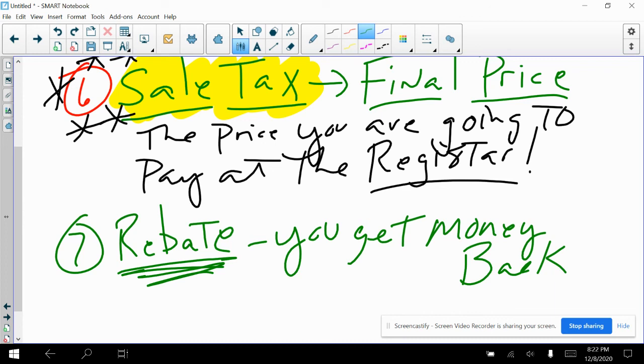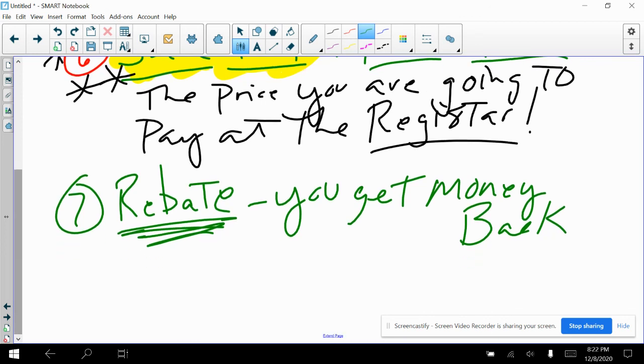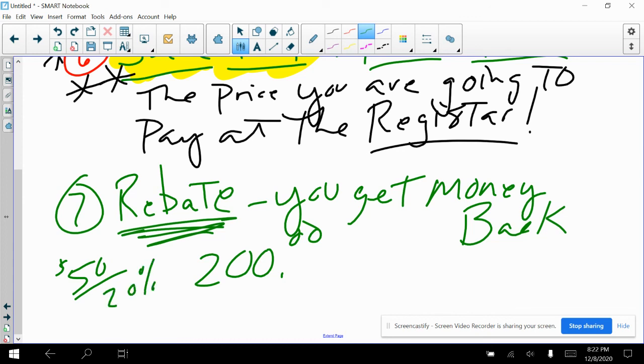Meaning, let's say the item cost $200. So you have to spend all of that money up front. And they may say it two ways. They may say you get a $50 rebate, or they might say you get a 20% rebate, which would be $40.